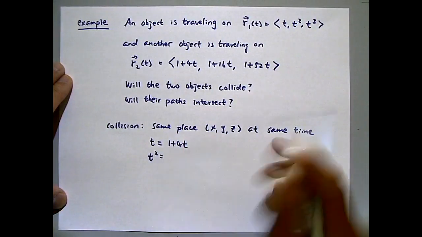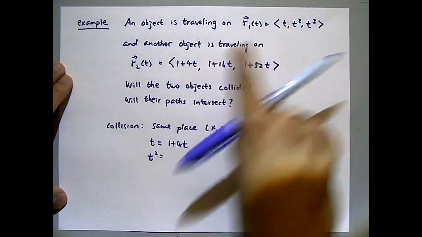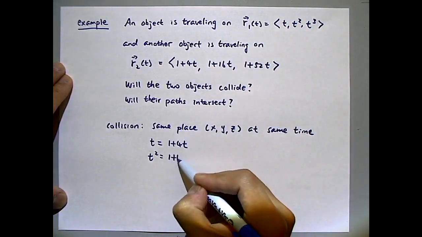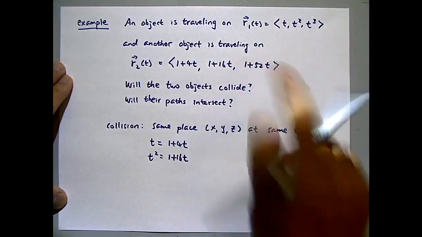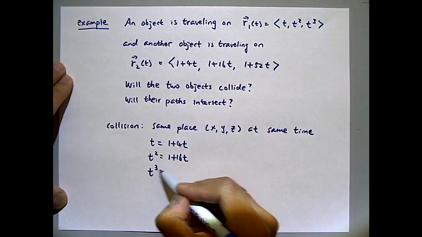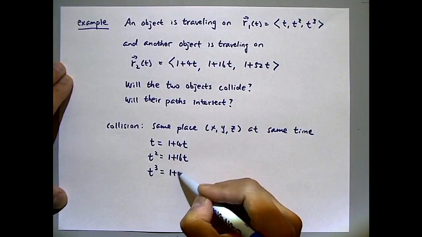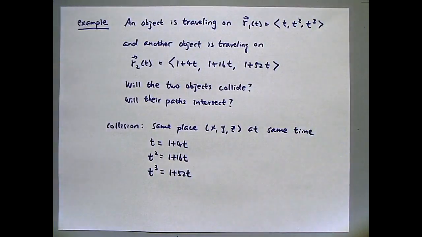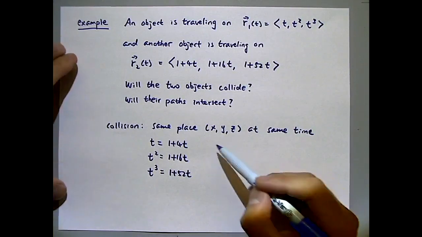First equation is t is equal to 1 plus 4t, same x, same y, and then same z. And all three equations must have the same t as the solution for the collision to happen.